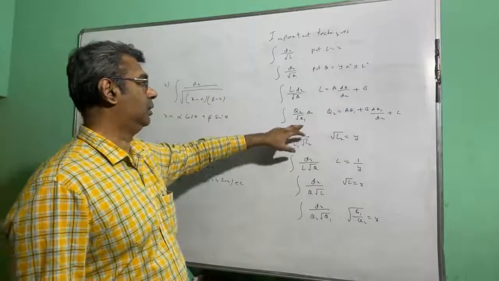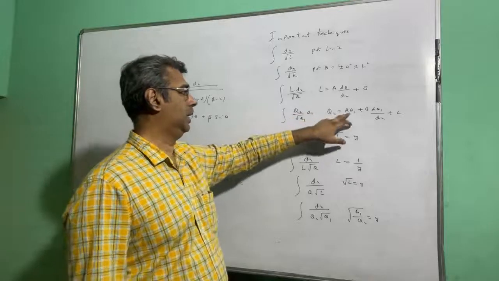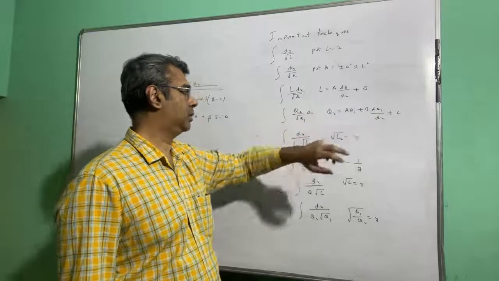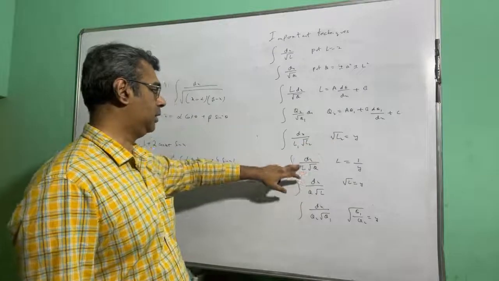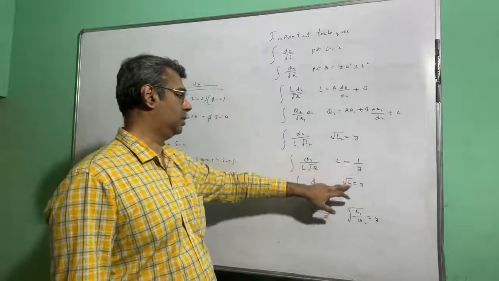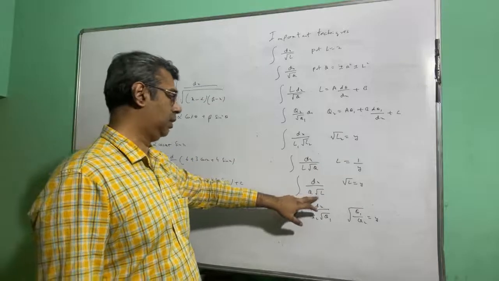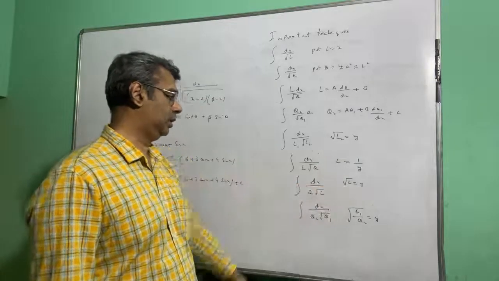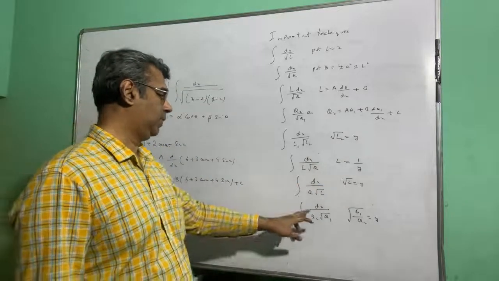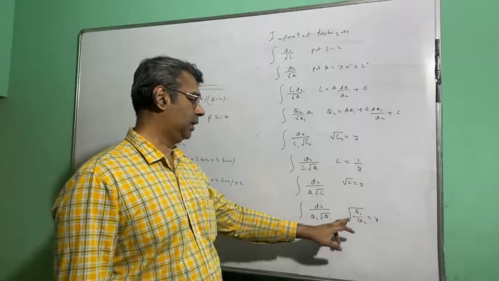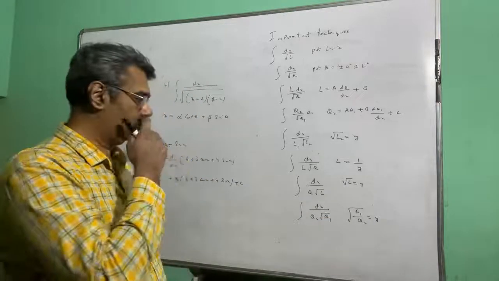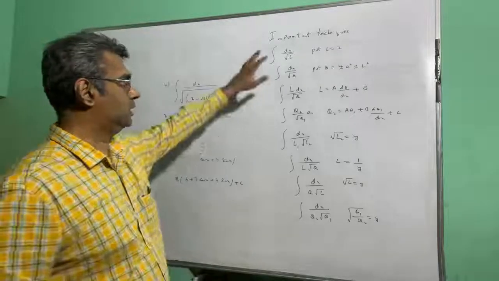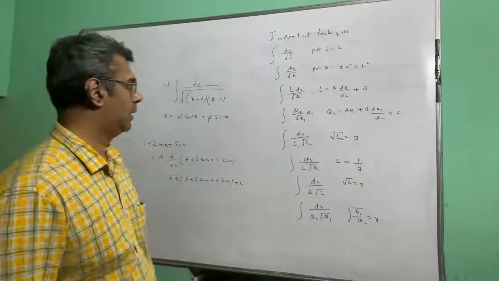Quadratic by root quadratic, the top is a into bottom plus b into dq by dx plus c. Dx by linear root linear, put root linear as y. Dx by linear root quadratic, put linear as 1 by y. Dx by quadratic root linear, put root linear as y. And dx by quadratic root quadratic, that is q2 root q1, you put root over q1 by q2 as y. So these are some important techniques.